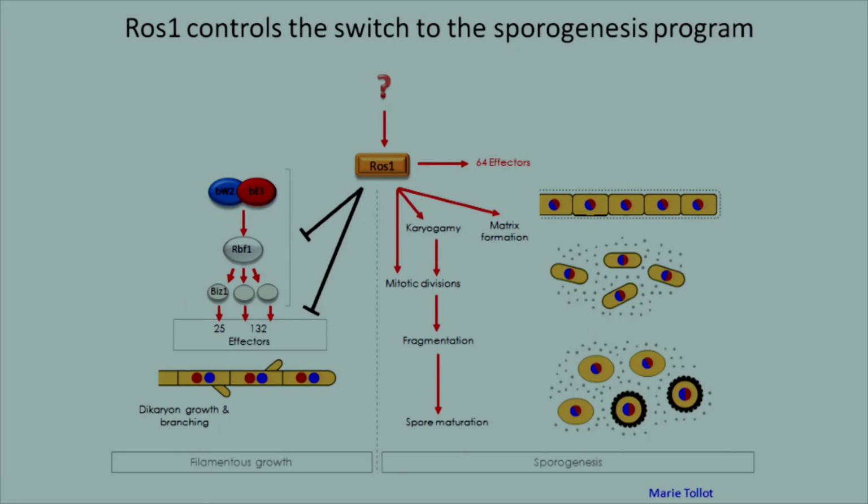So this places this transcription factor at a really very prominent node that determines late regulation of the fungus. So I find it amazing that you downregulate basically almost half of the effectors.